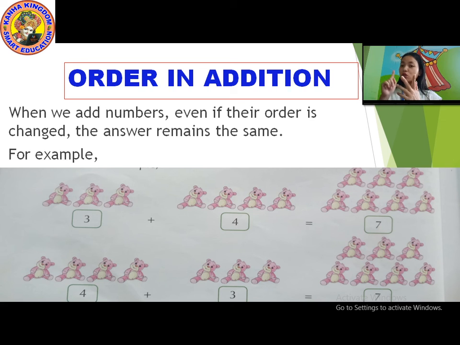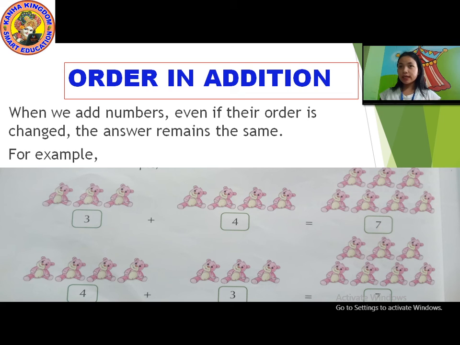If you change the order, that means the second time you are adding 1 plus 4, the numbers remain the same, but you are changing the order. The answer is the same. See, 4 plus 1 is equal to 5, 1 plus 4 is equal to 5.